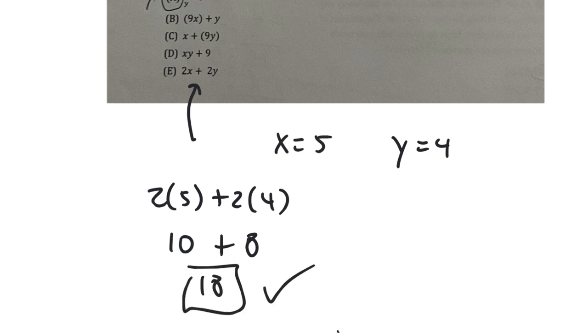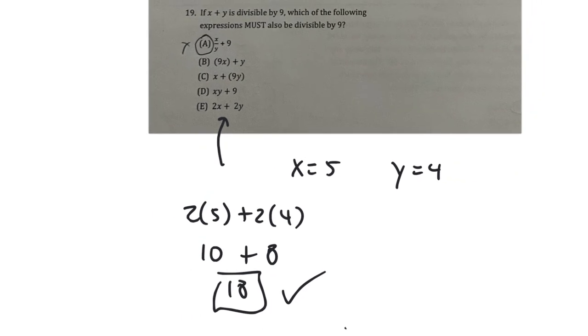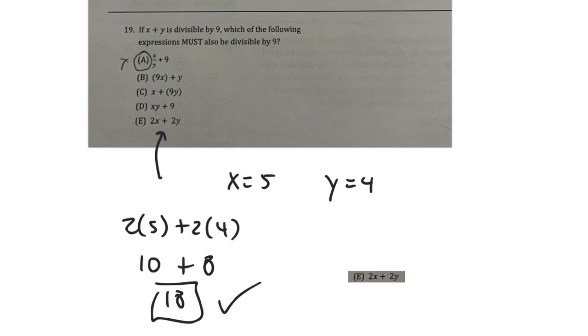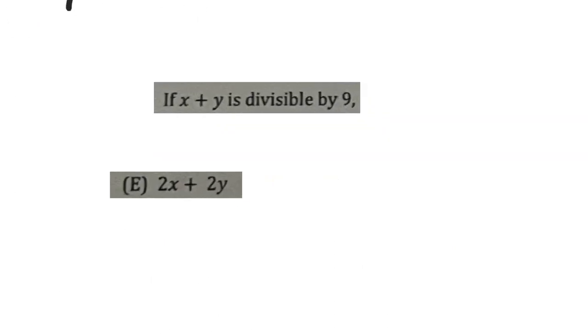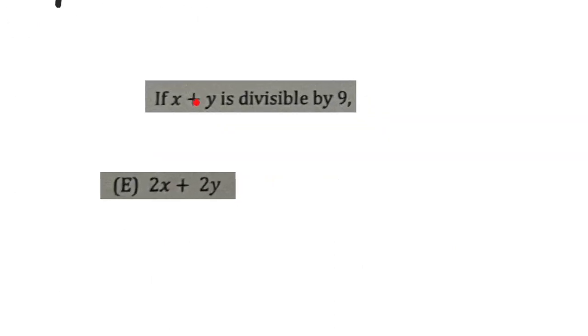Now, here's the deal, though. One way of seeing that this answer choice E will always be divisible by 9 is the fact that we know that according to the first piece of information, anytime you see x plus y, you know that whatever that is, that's going to be divisible by 9.